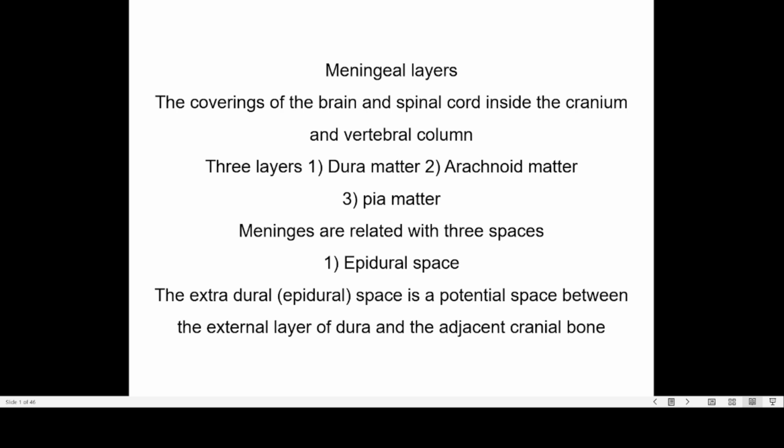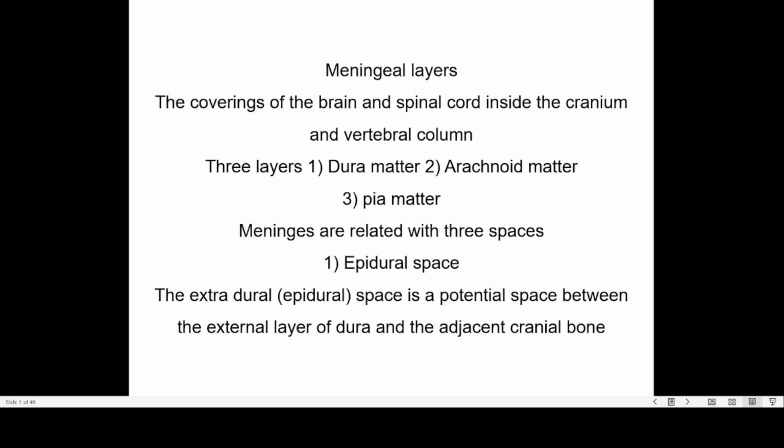The outer layer is dura mater, the middle layer is arachnoid just below the dura mater, and the innermost layer is pia mater. So the 3 layers: outer dura mater, middle arachnoid mater, and innermost pia mater.